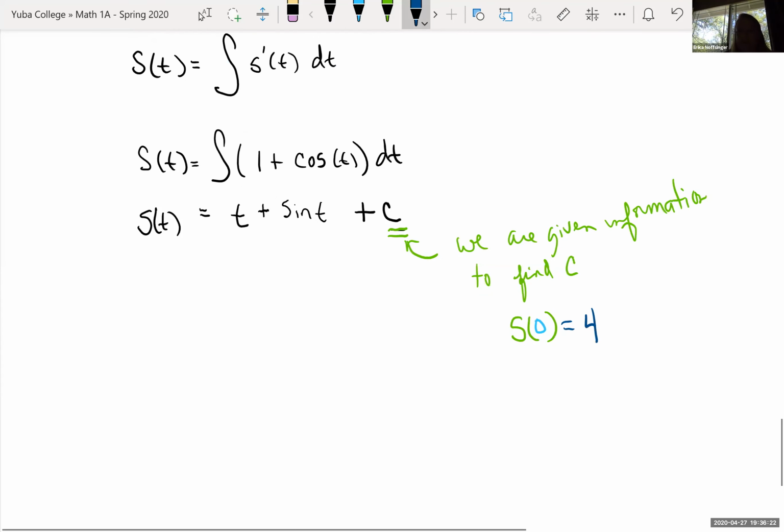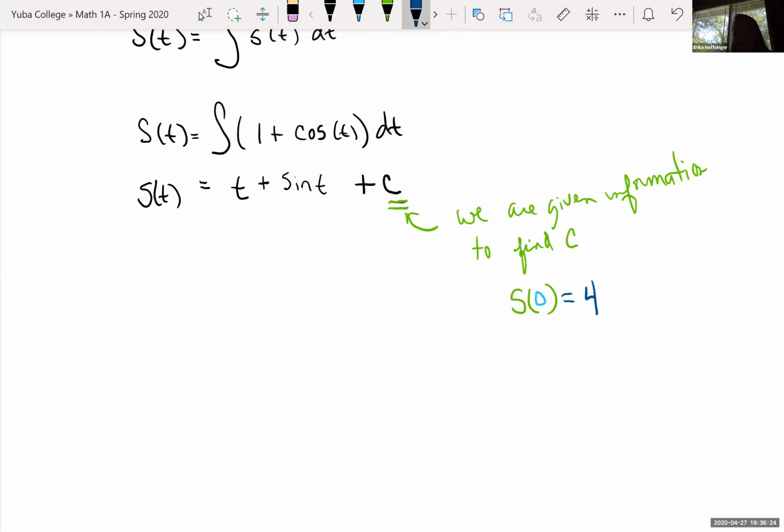That's telling me my s of t value, my y value if you want to think of it as y, is 4 when my variable t is 0. So I can solve for c.